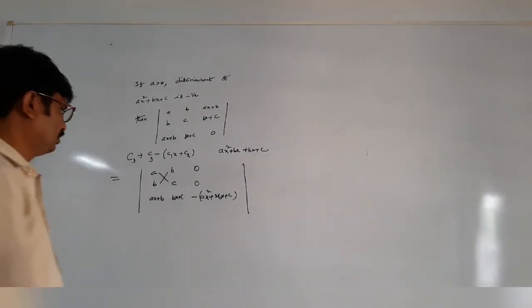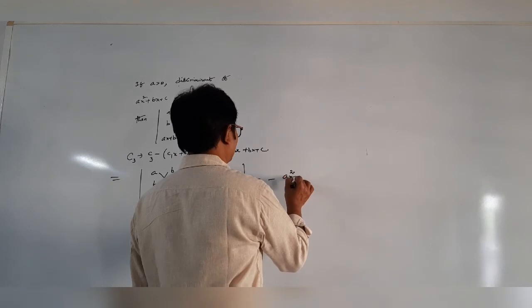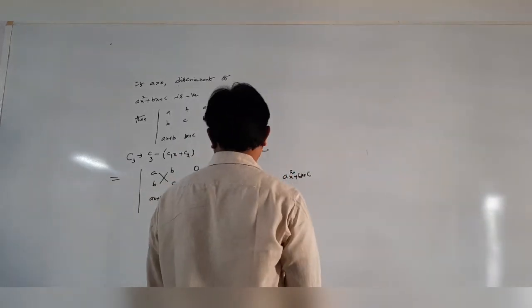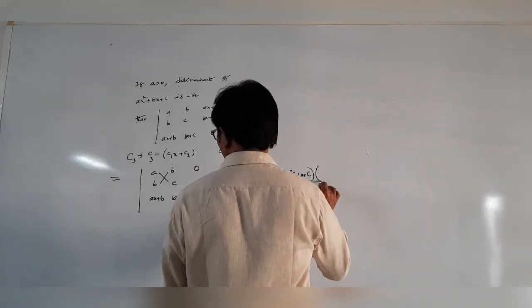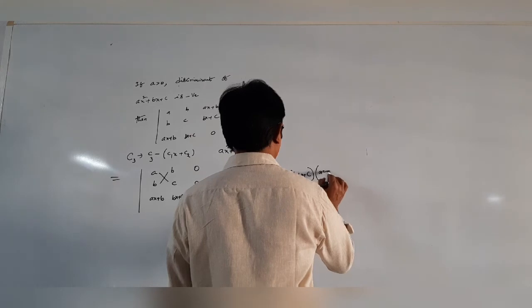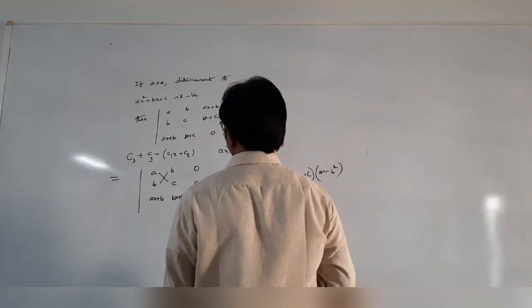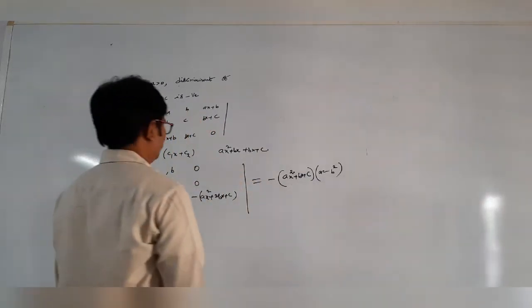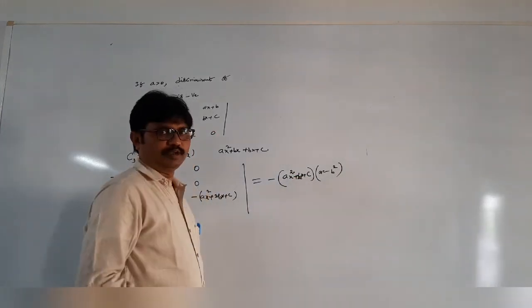It equals minus of ax square plus bx plus c into ac minus b square. Here 2bx is there. Understand or not?